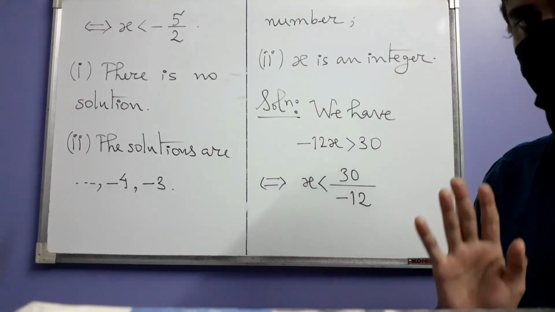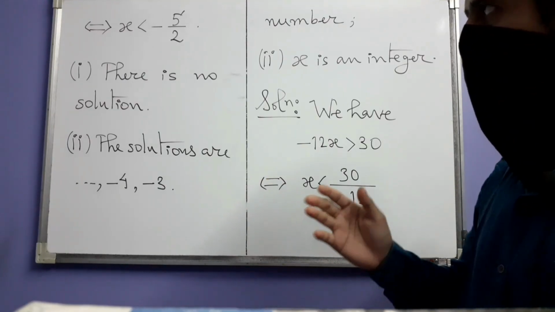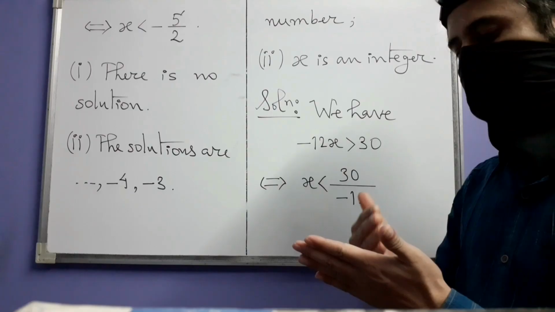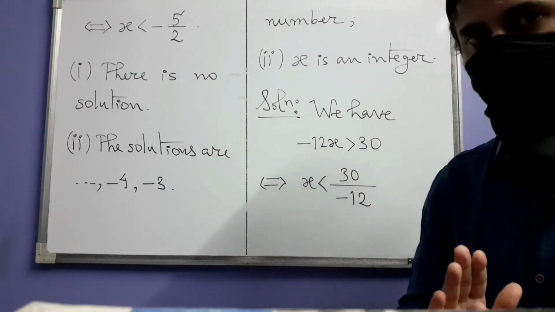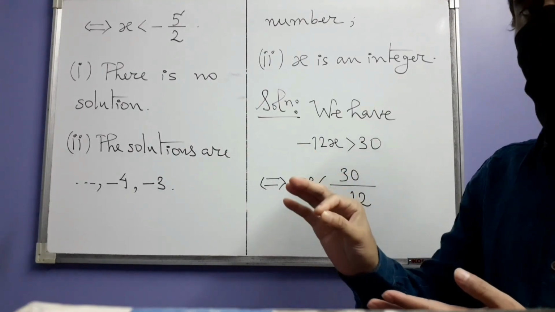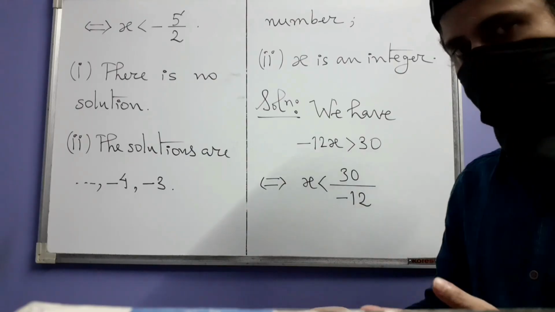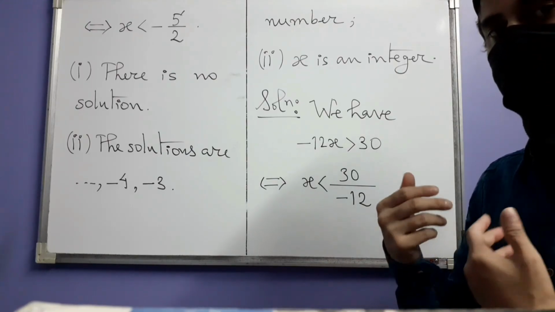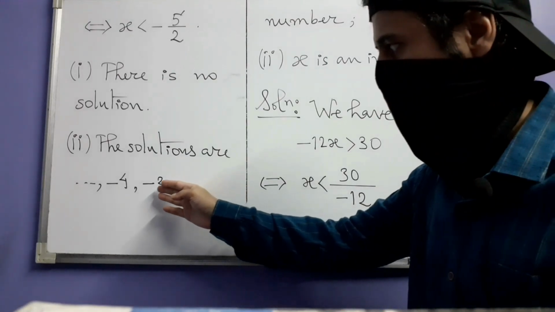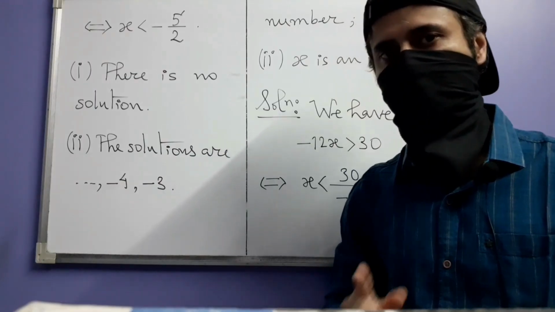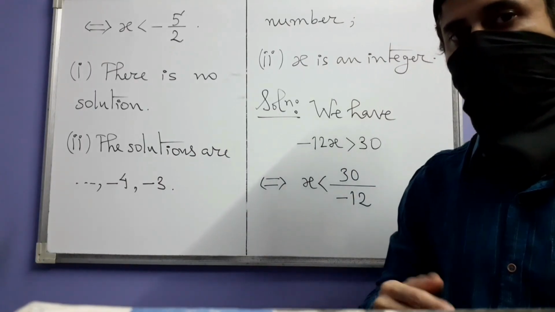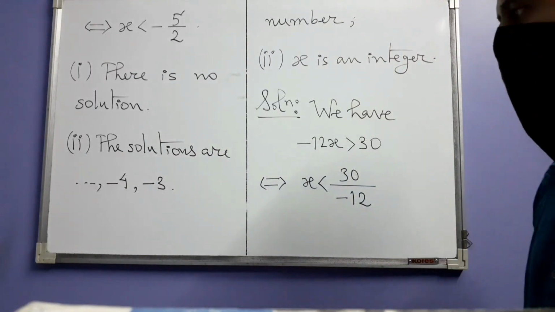Yes, now there are solutions, and the solutions all need to be less than minus 2.5. Now the first integer that you encounter which is less than minus 2.5 is minus 3. So that's why these are the solutions. All integers less than or equal to minus 3.